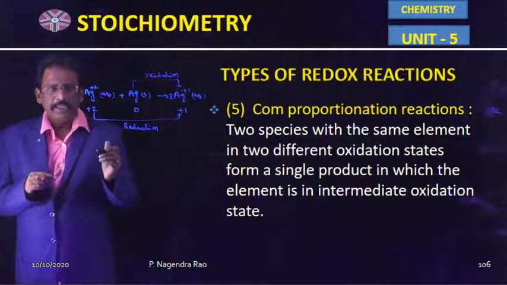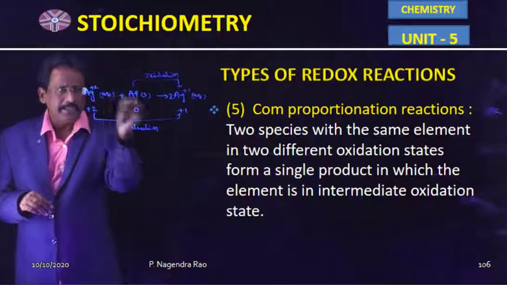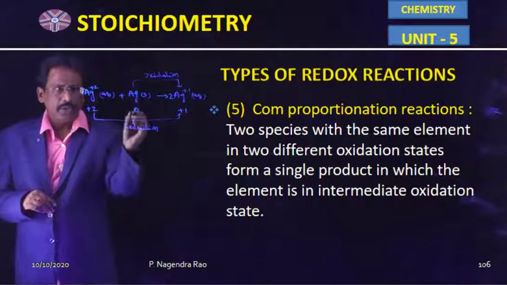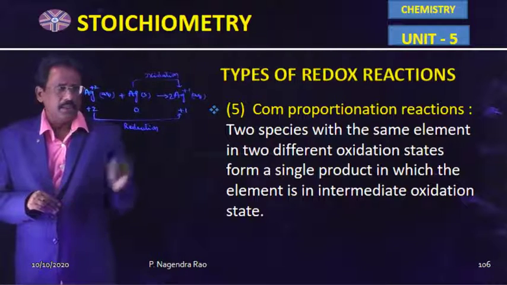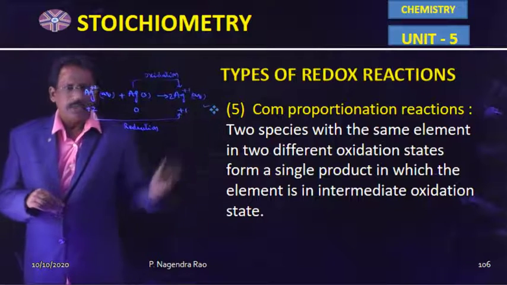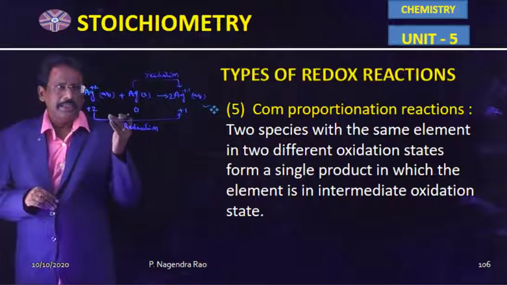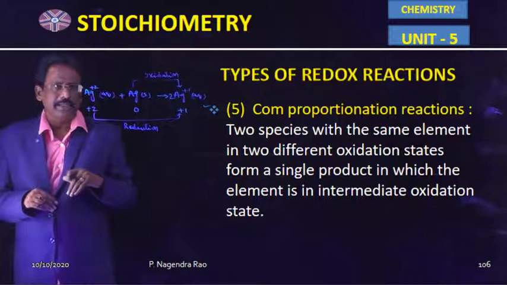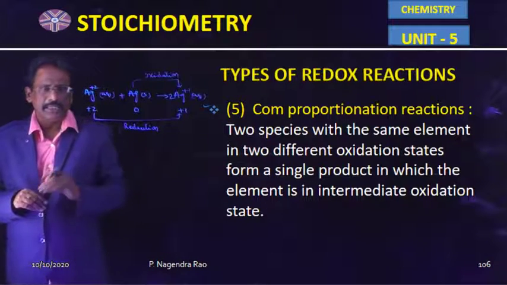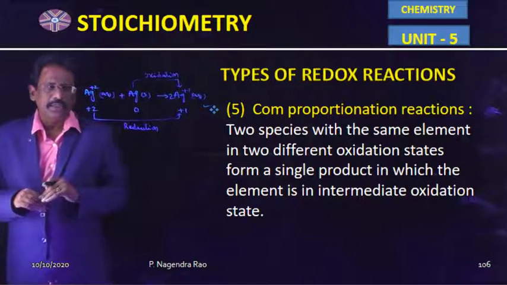So two species with the same element in two different oxidation states form a single product. That means it is just the opposite of the disproportionation reaction. That's why this is known as comproportionation reaction.